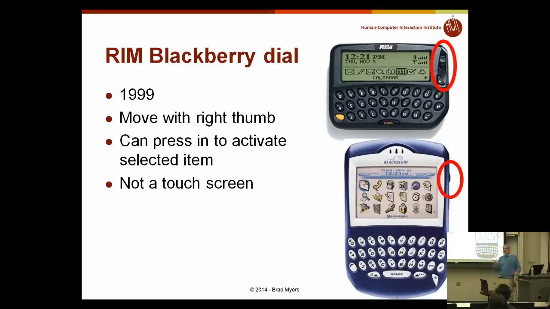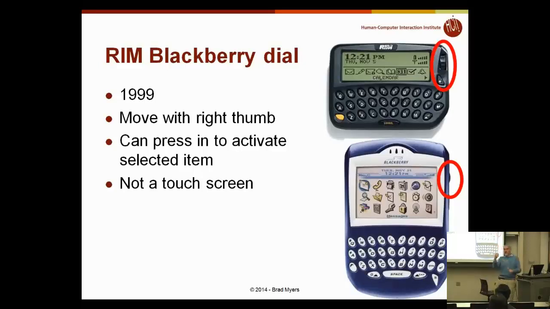The idea was that you would hold this in your right hand, so if you're left-handed, you were out of luck, and then be able to activate things. So you could scroll up and down, and again, you could push in to select the thing that was selected. The screen was not a touch screen, so you couldn't tap on things. You had to go up and down in order to get to them directly.